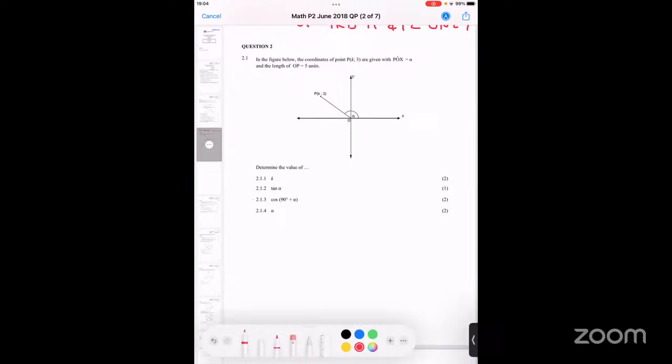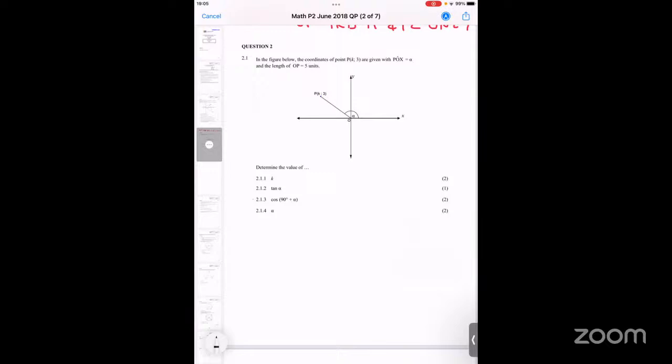Okay, so the way I did it was, I looked at point P, and since they gave us K and 3, I will use that as my X and Y values, and OP as my R value, because it's always constant and always positive.